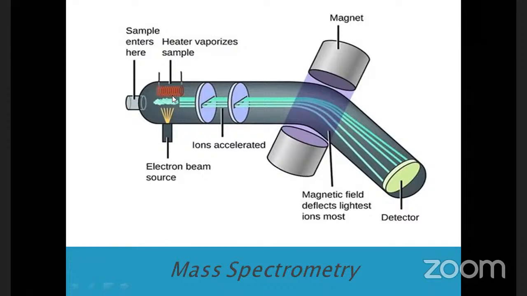Here, in the ionization chamber, the vaporized sample is bombarded with electrons from a heated filament. When you do that, electrons are knocked off. Remember, we are going to put a sample of an element here. We are expecting that the element is going to be neutral, you're not putting a charged atom there.